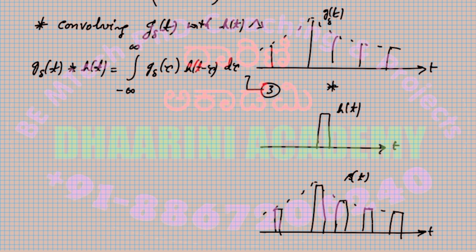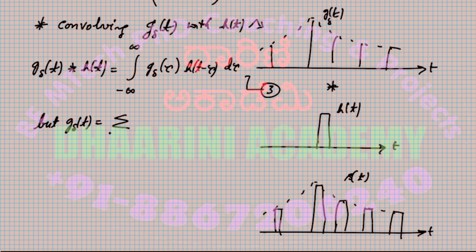We'll substitute the g delta of t into h of t minus tau. Recall, we already have used this: g delta of t is the summation from n equal to minus infinity to plus infinity of g of n ts into delta of t minus n ts.